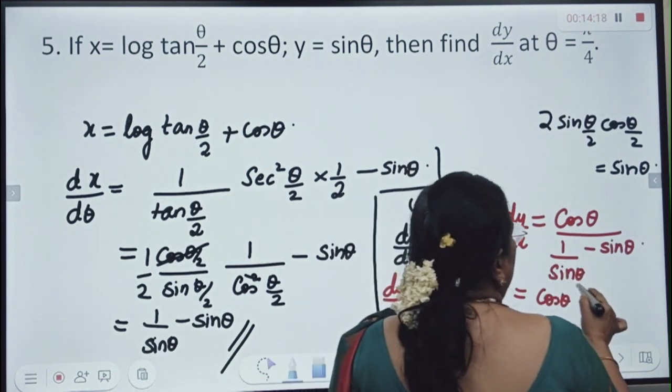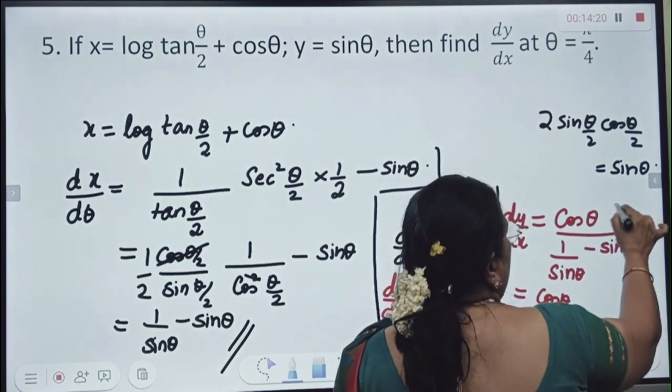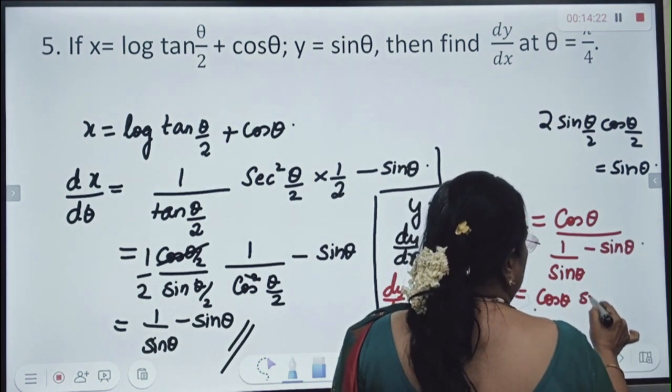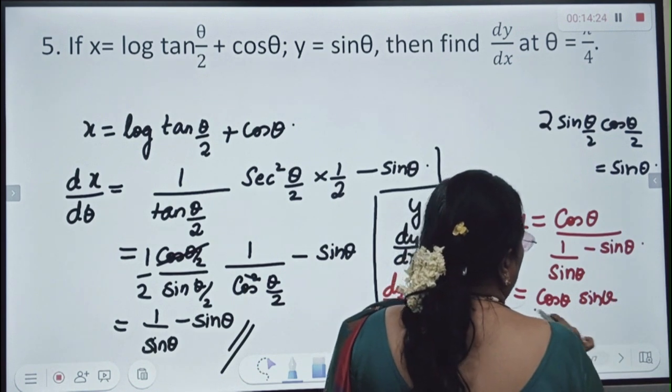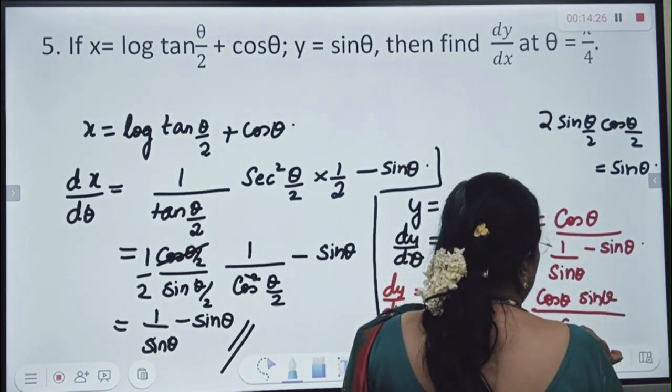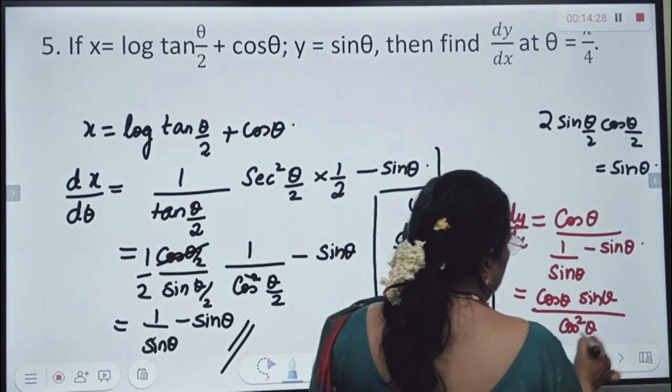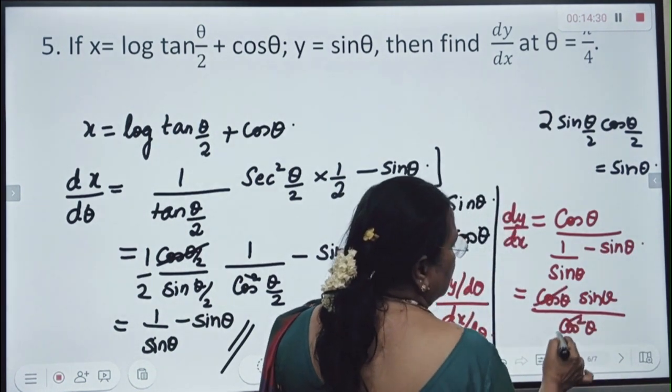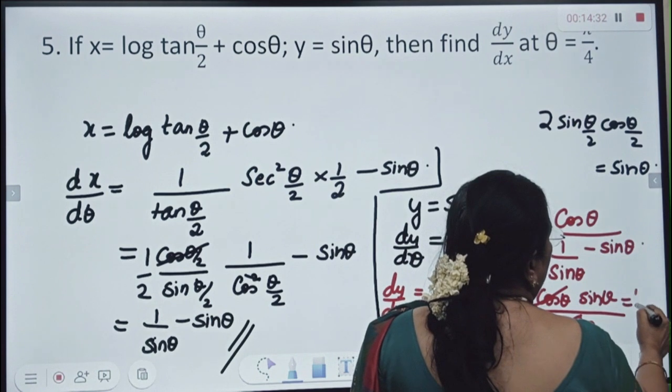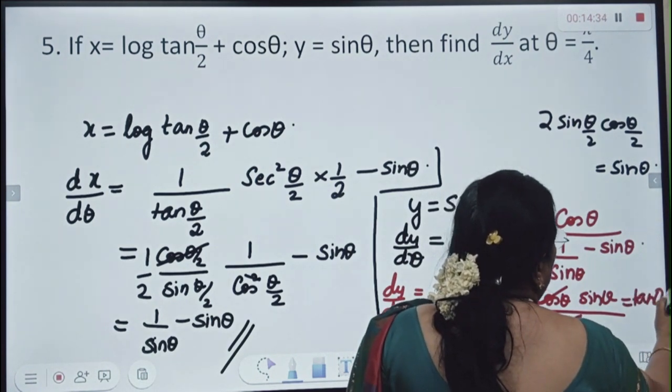I'll take the sin theta to the top. I'll get sin theta into, 1 minus sin square theta is cos square theta. So one cos theta gets cancelled, giving you sin theta by cos theta, which is tan theta.